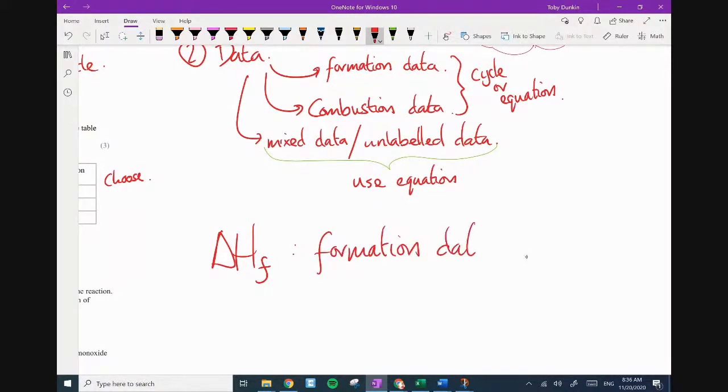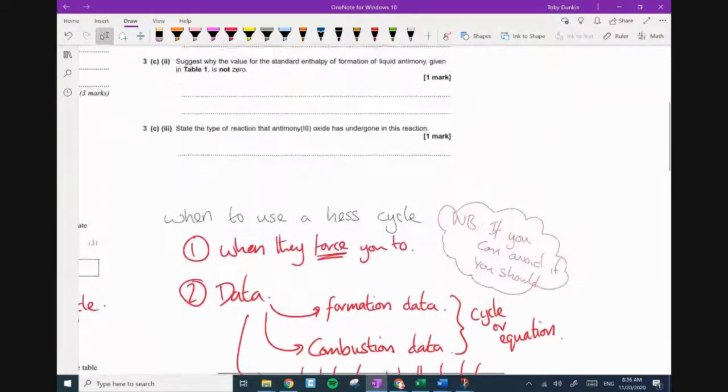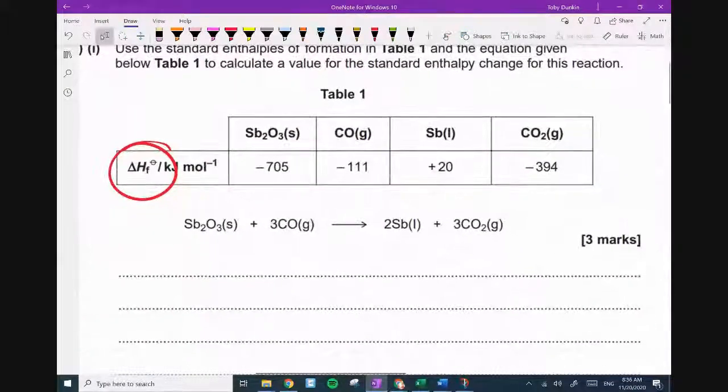Formation data. Now, let's choose an example. In this particular question, it is all formation data, pure formation data.